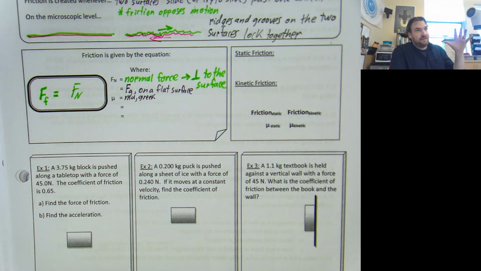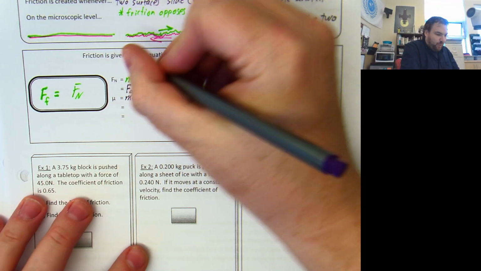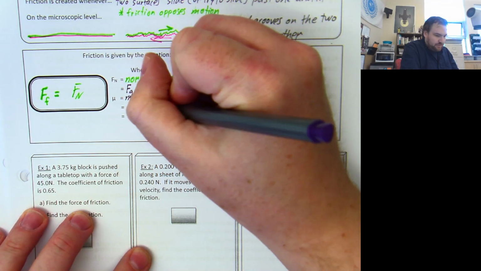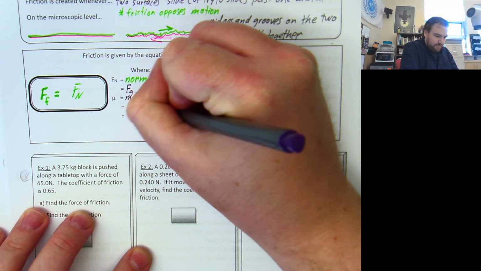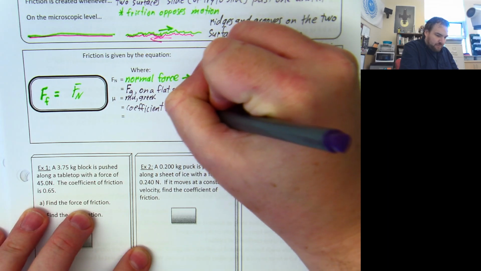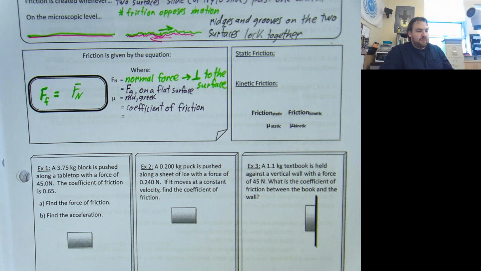And in other places, this letter represents different things. In physics, mu represents what we call the coefficient of friction. What do coefficients do in math? You were all introduced to coefficients in grade 9.